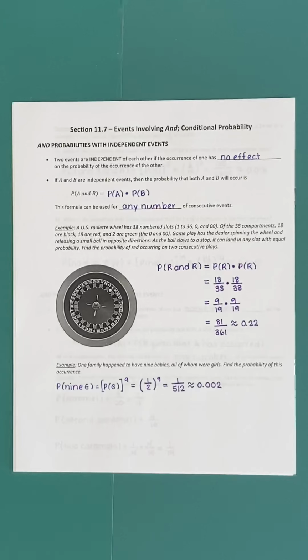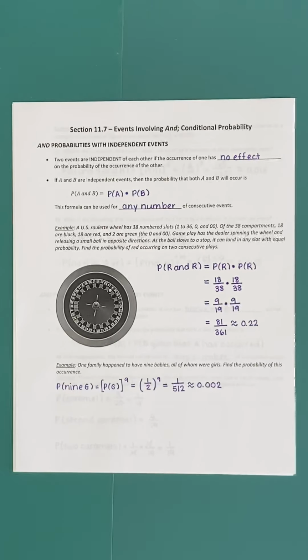So think of this as one event is getting a girl, and then another girl, and then another girl 9 times. So we're looking at a sequence of 9 events. Each of those is getting a girl. So if we were to take the individual events and we want the probability of the whole sequence, it's going to be the product of the probabilities of each of the individual events.